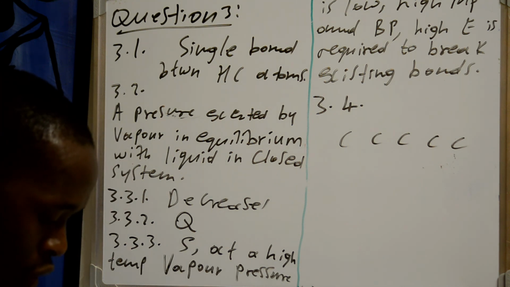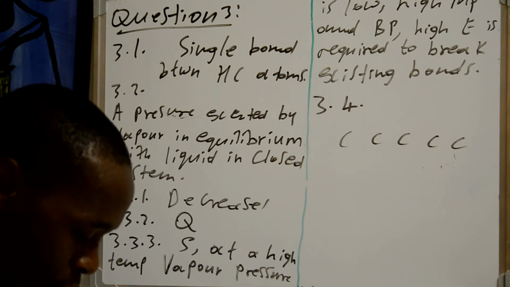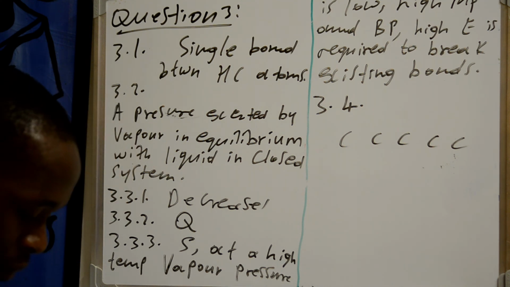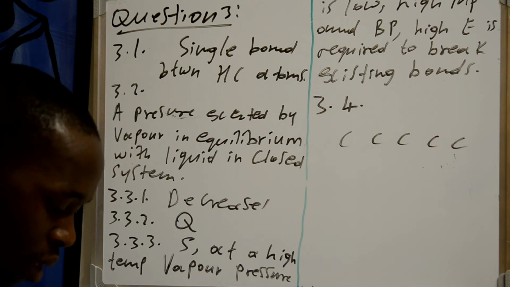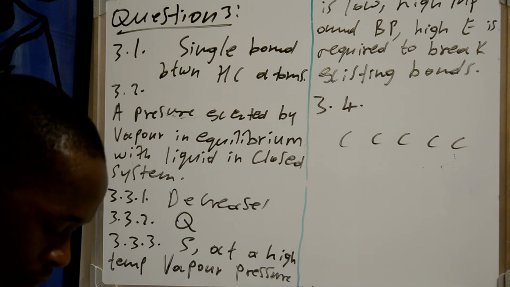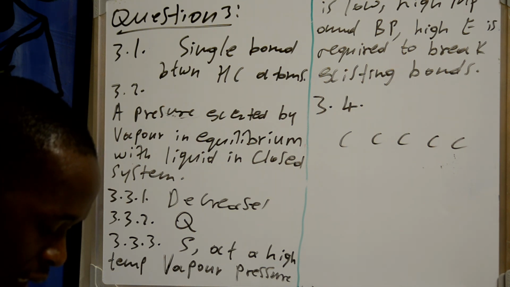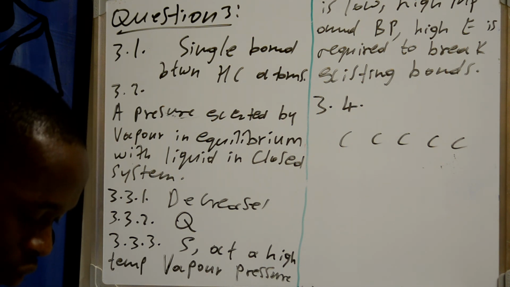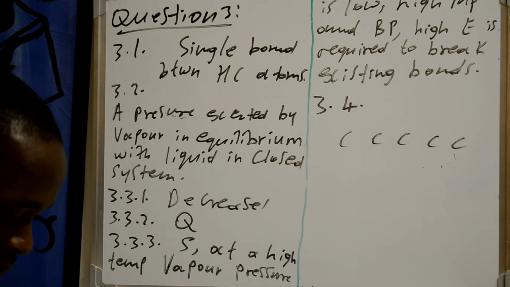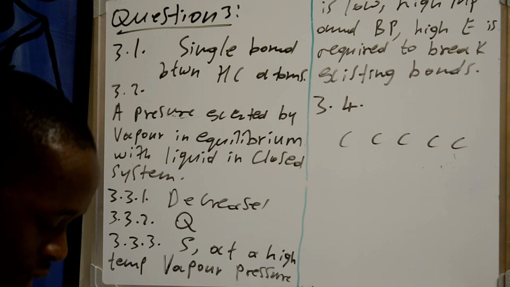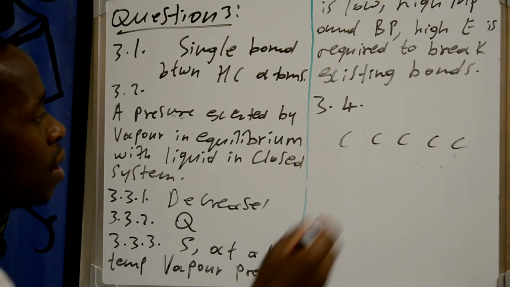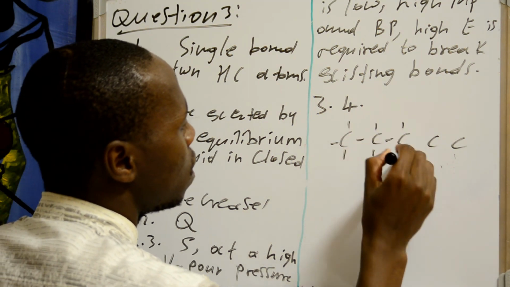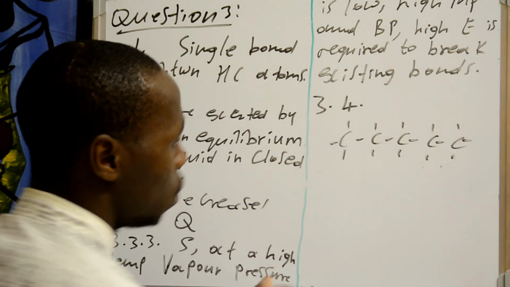Draw a structural formula of a chain isomer of P. Compound P is the one that has high vapor pressure, so that means it is the alkane. So we have a chain isomer here. The structural formula now is a chain isomer. This is pentane, according to what we see.